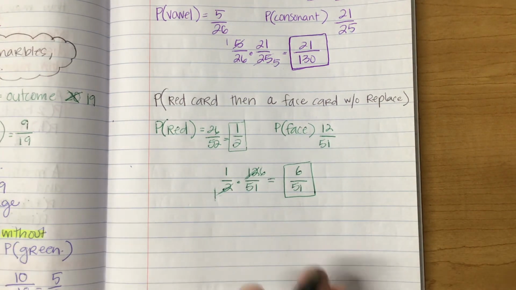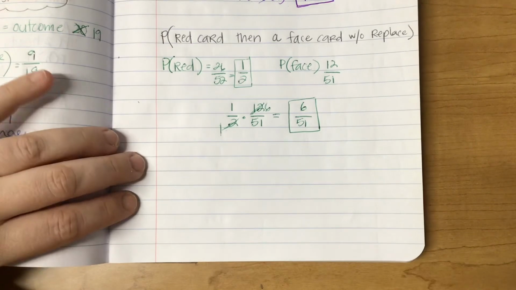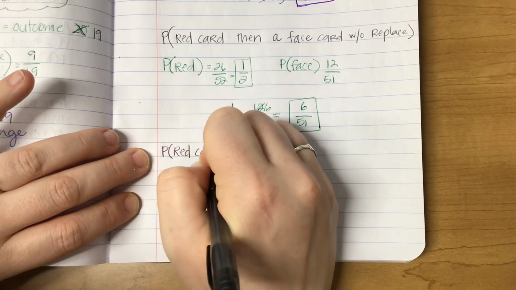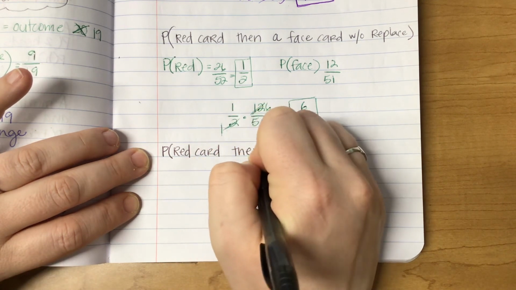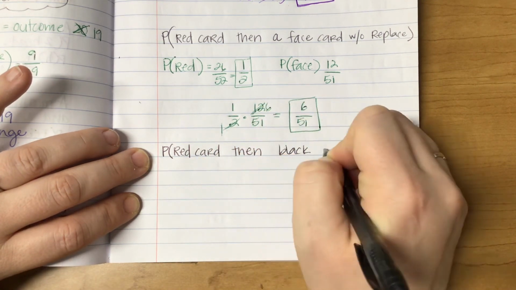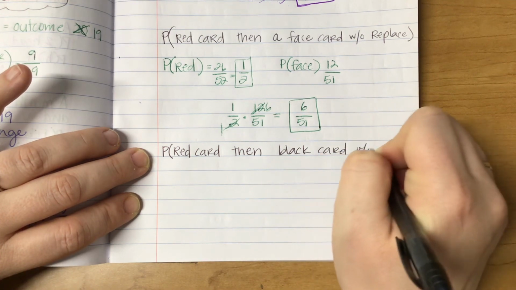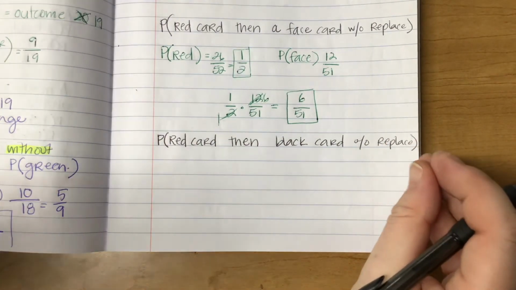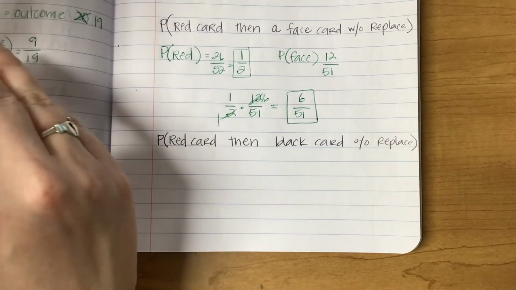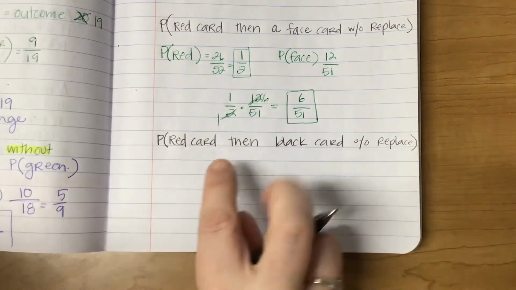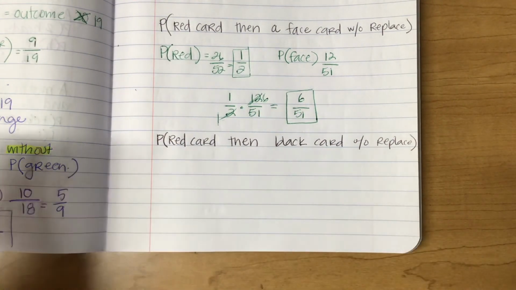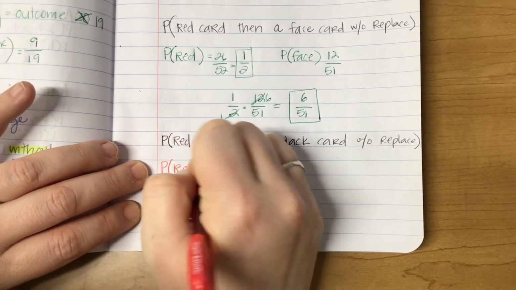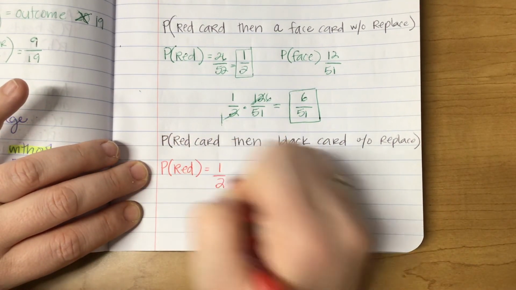Let's do another one with just cards. Probability of a red card. Let's do then a black card without replacement. Now, if I did put it back, right? If I put back my card, I picked one, put it back, then picked again, that would be 1/2 and 1/2. However, it's not, because probability of a red card, again, is 1 out of 2.